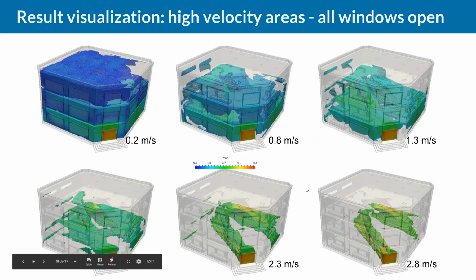And another very interesting piece of information we can obtain from this is how much air is going through which window. For example, if you take a look at these upper windows, it's obvious that just a low mass flux is coming into or getting out of the building, which is obvious due to the blue color of this area.